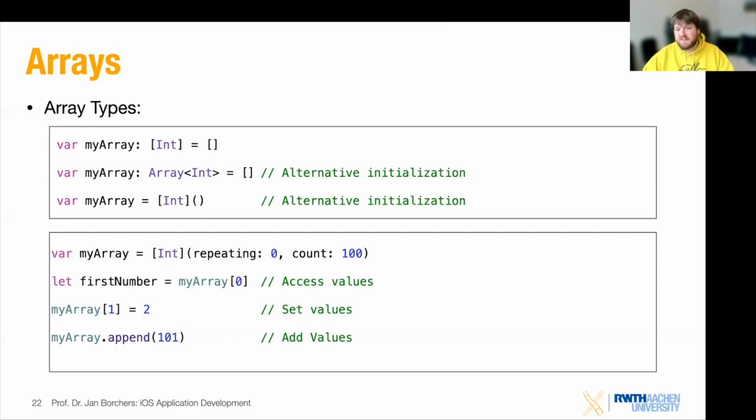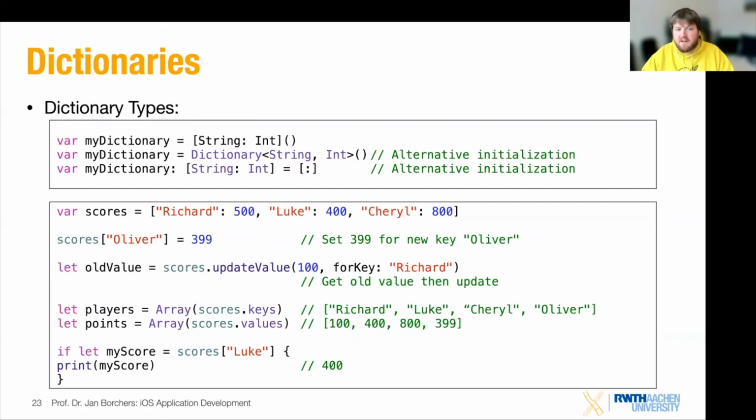Now for dictionaries, it's quite similar. So there are, again, a lot of different ways how you can initialize your dictionary. And for that, you need to specify the type of the keys that you're using and the type of the object that is associated with the keys. So here in the first line, you again have square brackets, but then you have first the type of the key that you're using, and then a colon and the type of the object.